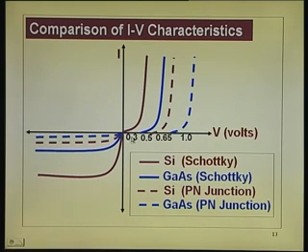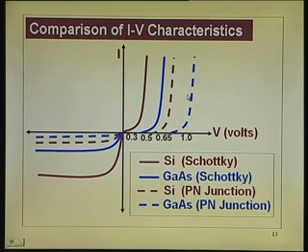I put here a cut-in voltage of about 0.3 for the silicon Schottky barrier, and for the gallium arsenide Schottky barrier about 0.5 cut-in voltage. And you can see here I put 0.65 for the silicon PN junction. All the curves extend to the right, and the gallium arsenide PN junction is at 1 volt.